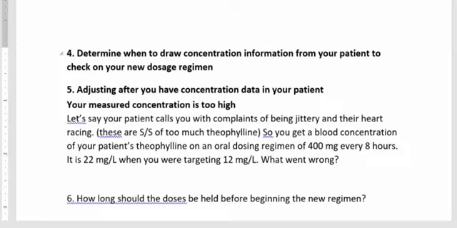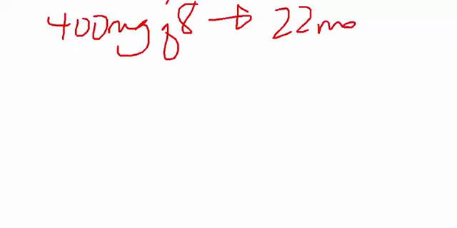Now, we still want to target 12, so I'm going to get a clean sheet of paper. We know that our C target is 12 milligrams per liter still, right? So we need to still get to 12 milligrams per liter. We know that when we were giving 400 milligrams Q8 we got 22 milligrams per liter.